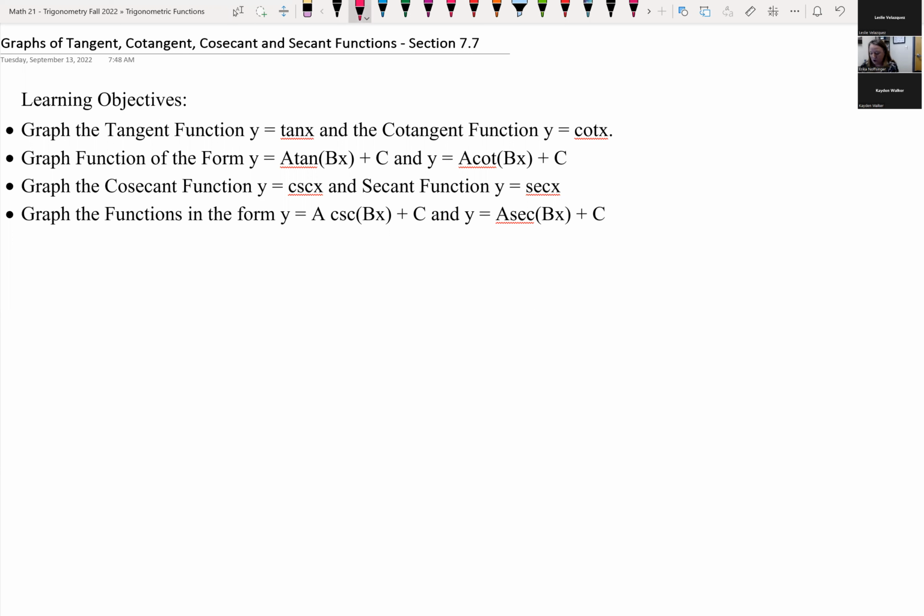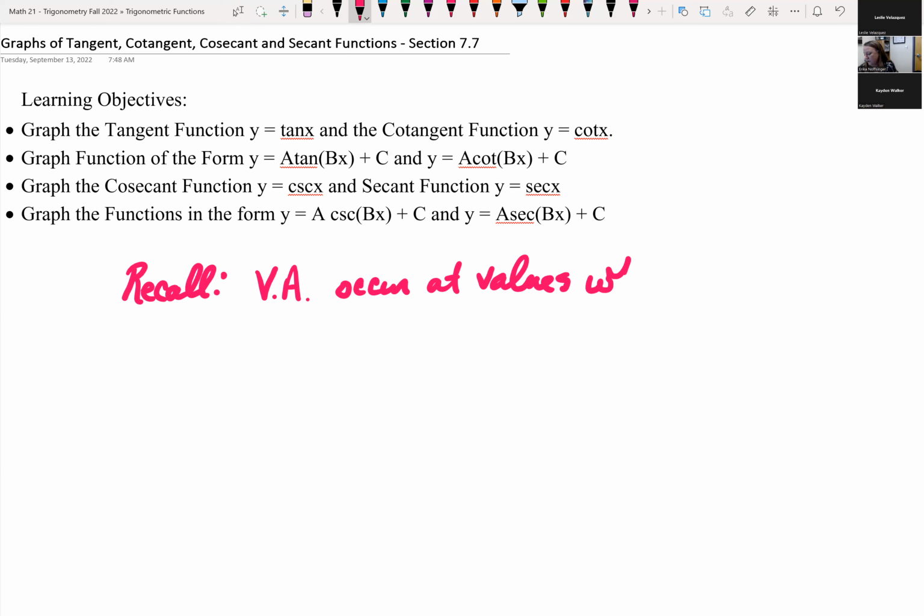asymptotes, because all of these are going to have vertical asymptotes. So recall vertical asymptotes, I'm just going to call it VA, short for vertical asymptotes. They occur at values which set the denominator equal to 0, but not also the numerator.